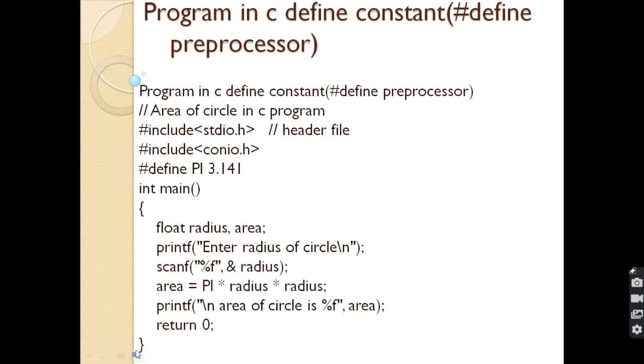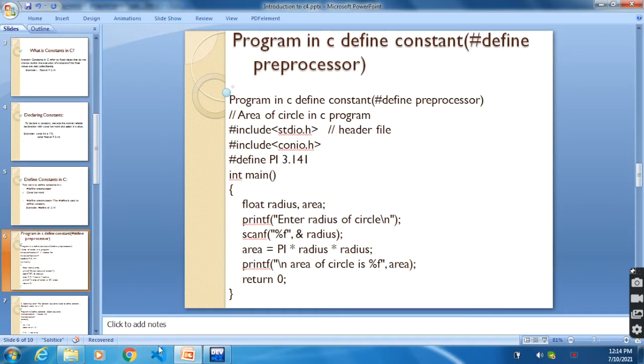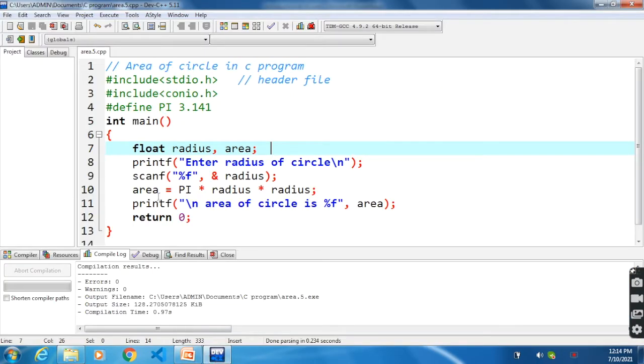Let's run the program in Dev C++ software. Here, since we have defined the value of pi using the #define preprocessor, we did not define the value of pi in the main method. Main method means int main. Let's run the program.